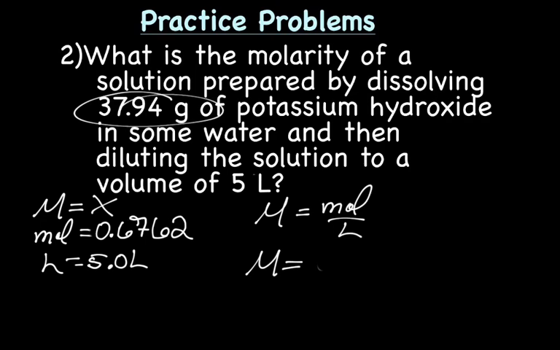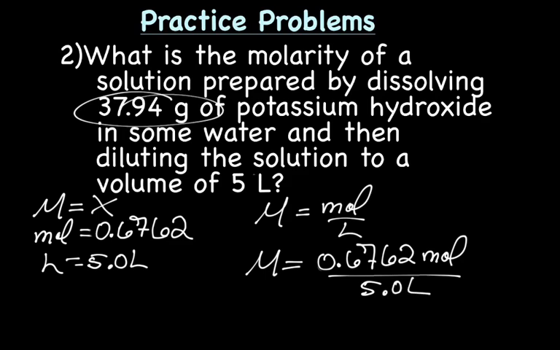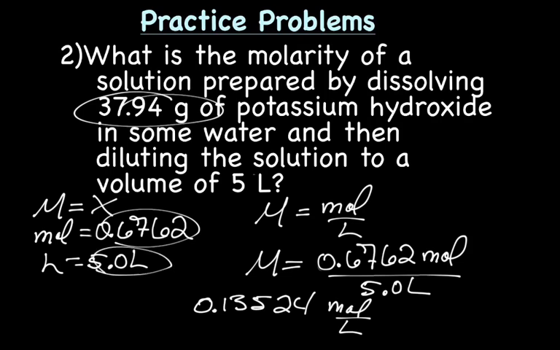Let's put this in again. 0.6762 mole over 5 liters. And that gives us 0.13524 mole over liter, and sig figs 4 and 2.